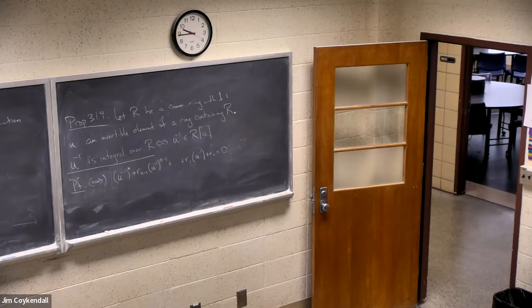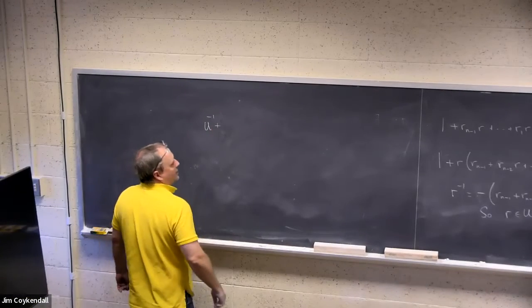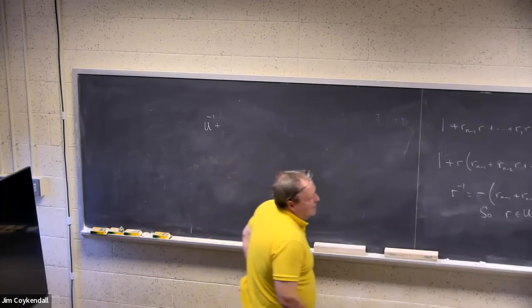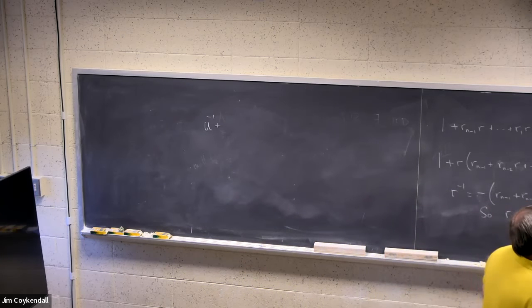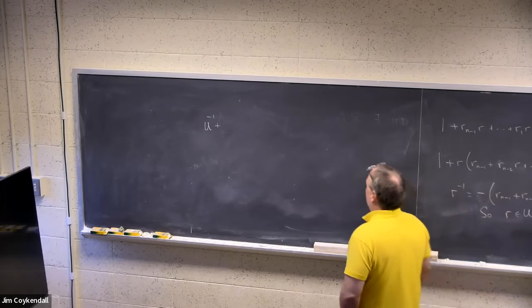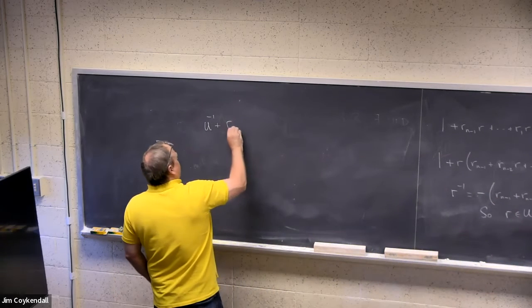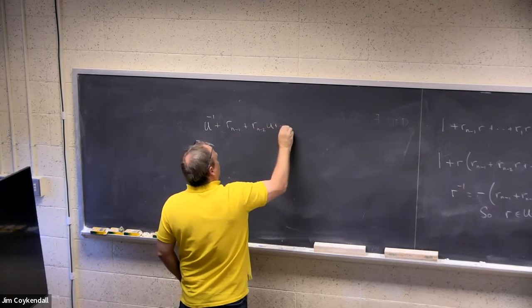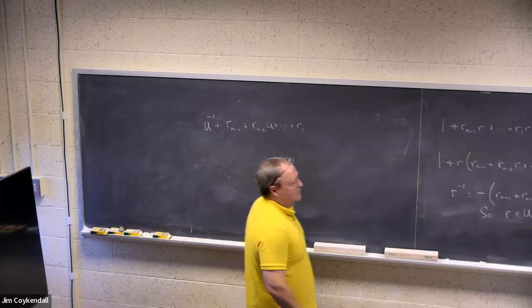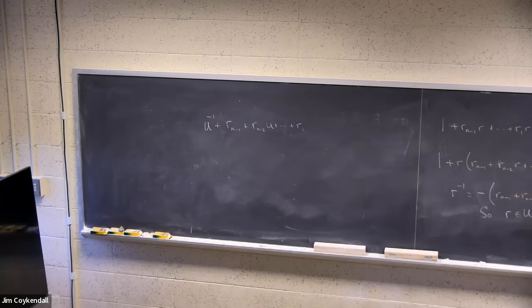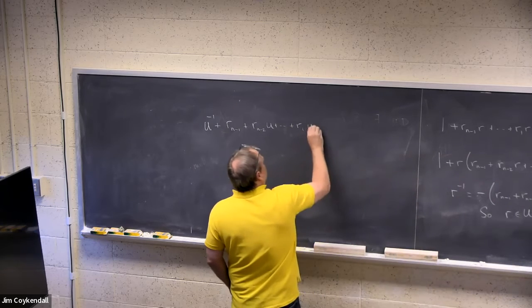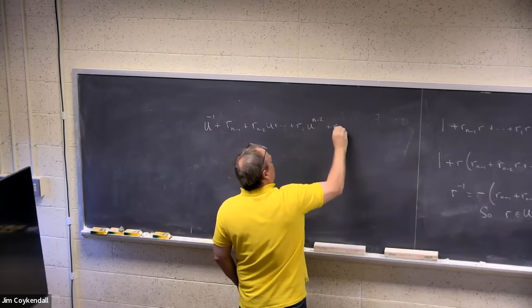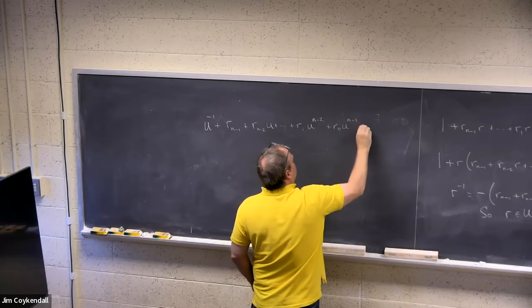And this is going to become U minus one plus the next term. That's one minus n, so that's going to be U to the zero. So this is R n minus one, plus R1 U to the n minus 2, up to R0 U to the n minus 1.